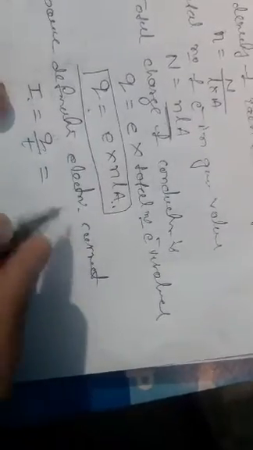The symbol of electric current is capital I, and its unit is ampere. The rate of change of charge is called electric current, and Q is the total charge. Substituting in the above equation, I is equal to e n L A by small t.